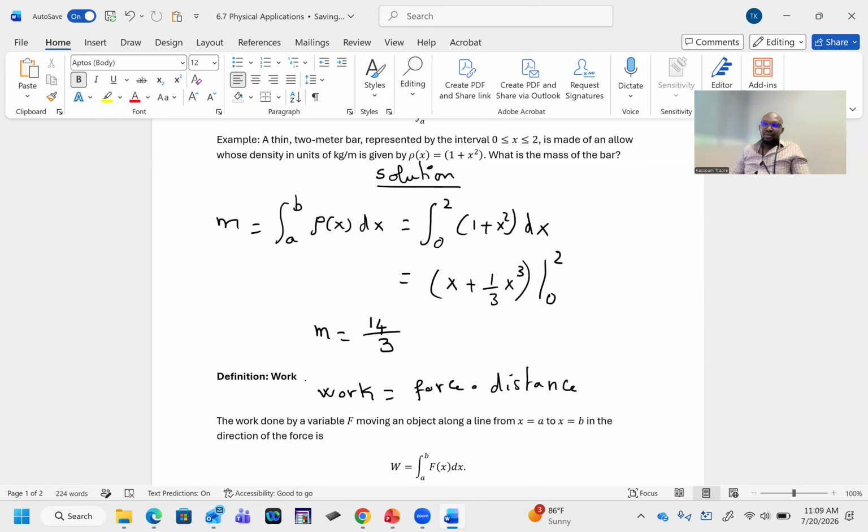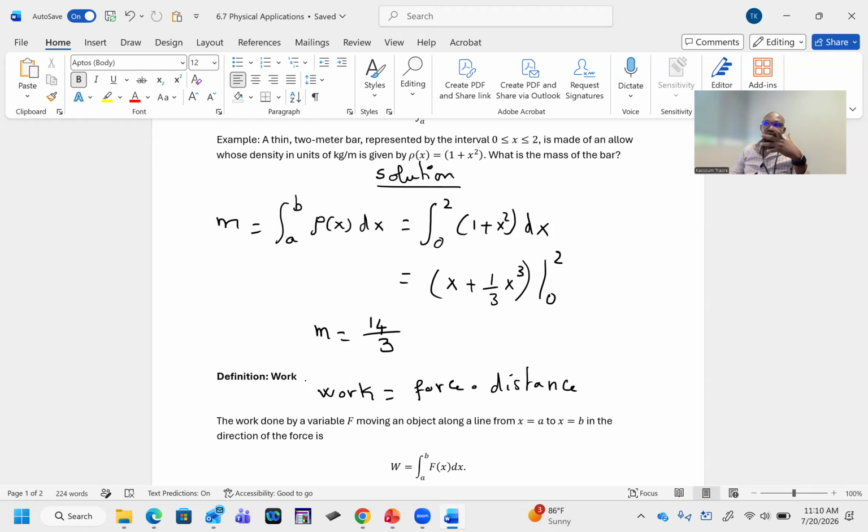But calculus enter the picture with variable forces. So if the force change, suppose an object is moved along the x-axis by a variable force F that is directed along the x-axis.